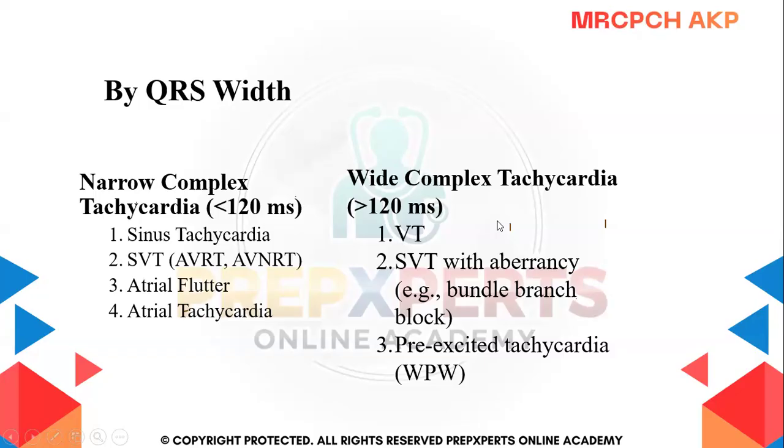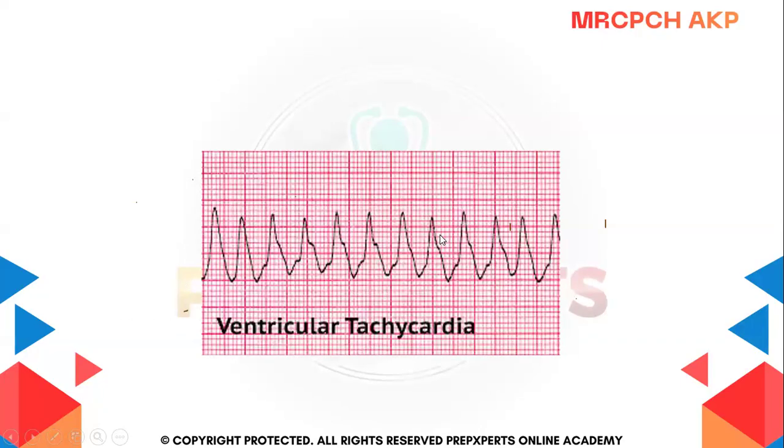And in wide complex tachycardia, when we talk about the QRS, it will be greater than 120 milliseconds. So in cases of VT, ventricular tachycardia, we are going to get a wide complex tachycardia.